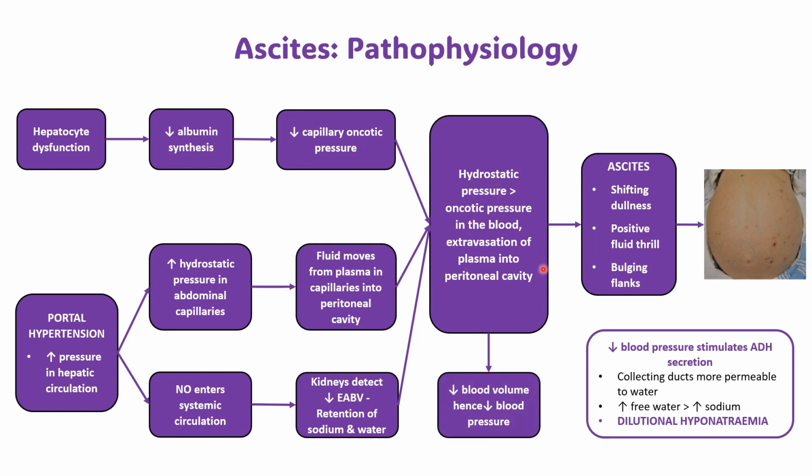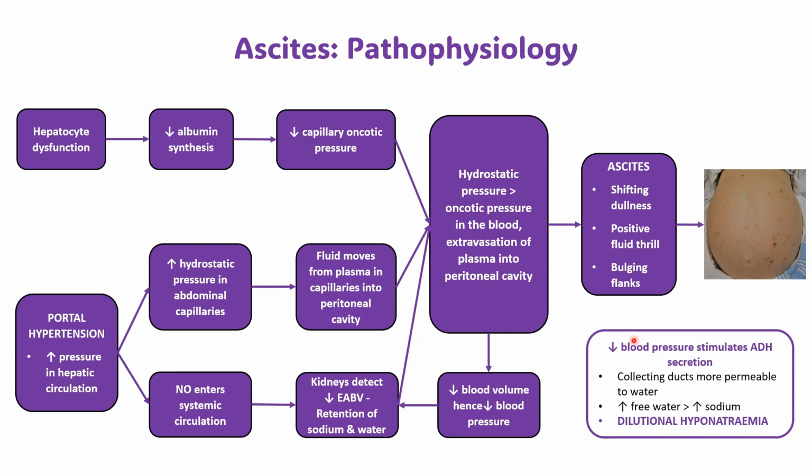Because we've got fluid moving from the plasma into the peritoneal cavity, we're going to have a lower circulating blood volume, hence a drop in blood pressure, and this can further be detected by the kidney, so it's going to essentially exacerbate this process, and it's going to keep going in this cycle.